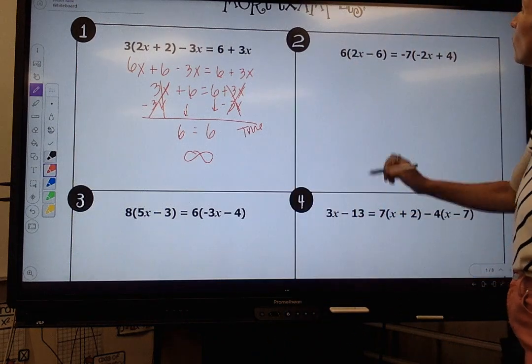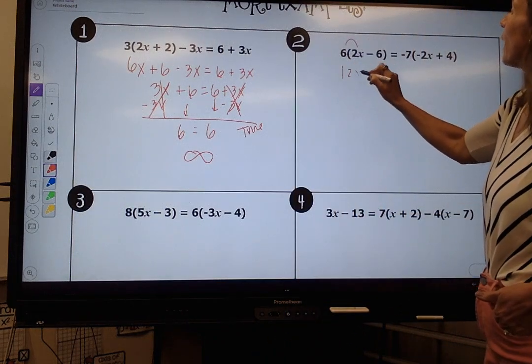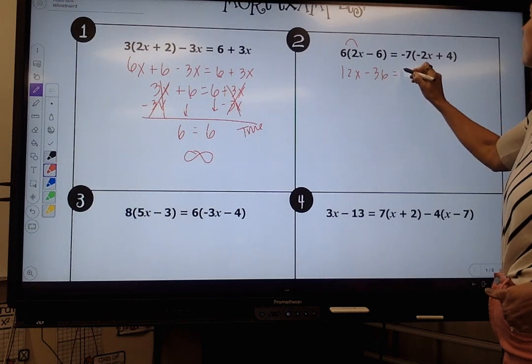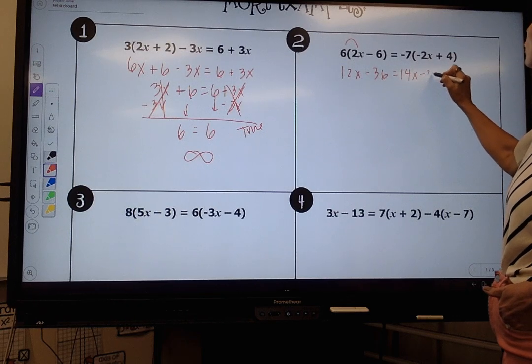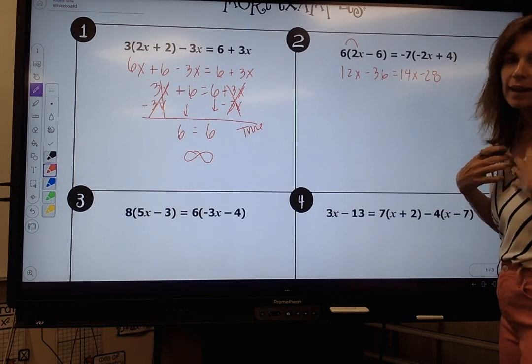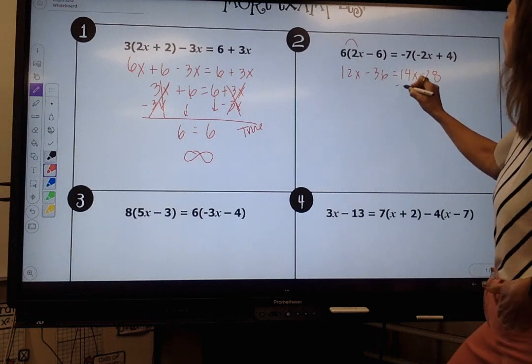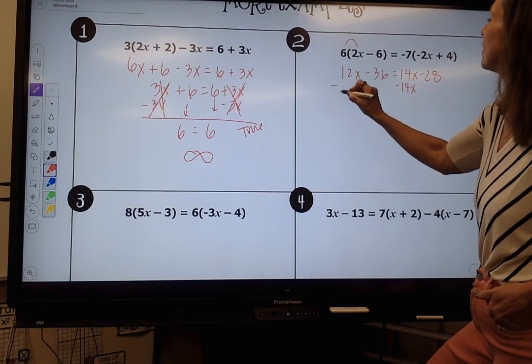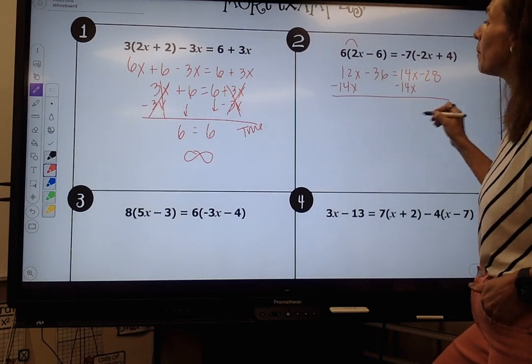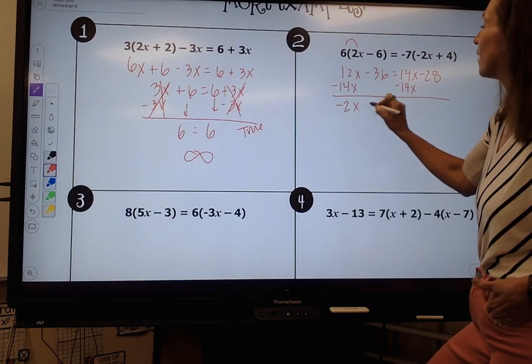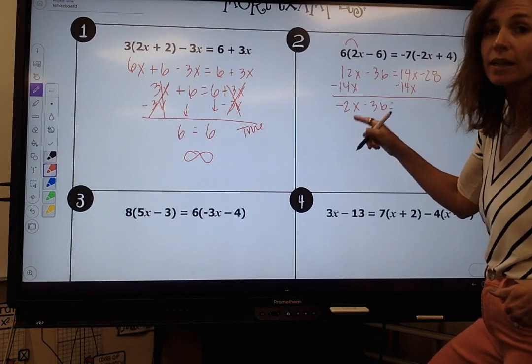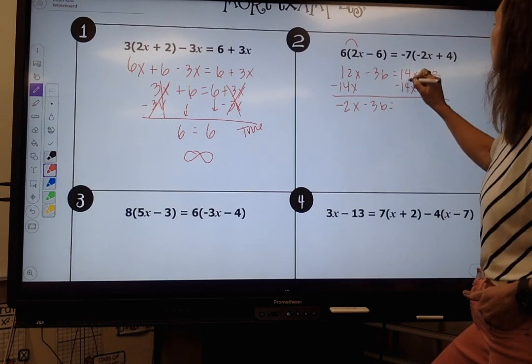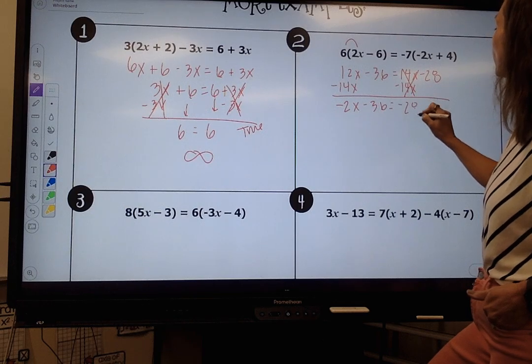Let's take a look at number 2. 12x minus 36 equals 14x minus 28. I like to move my variable terms to the left, so I get negative 14x. My variable term is not canceling out, so I know it is not going to be a special case. I have negative 2x minus 36 equals negative 28.